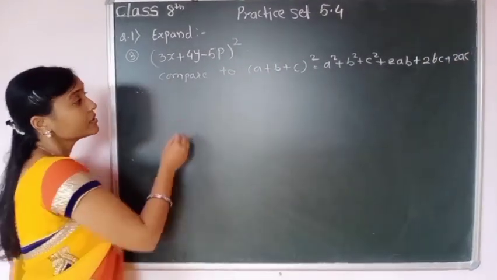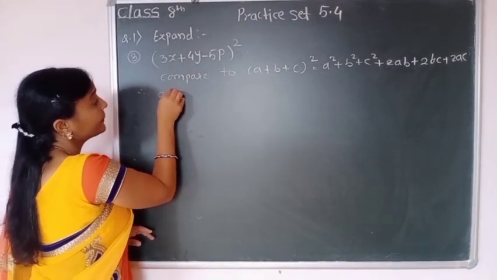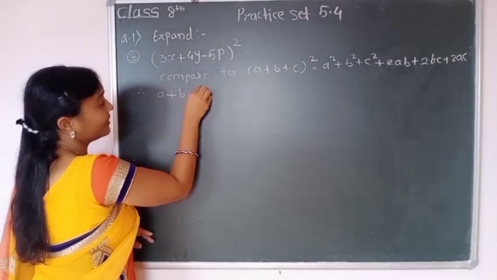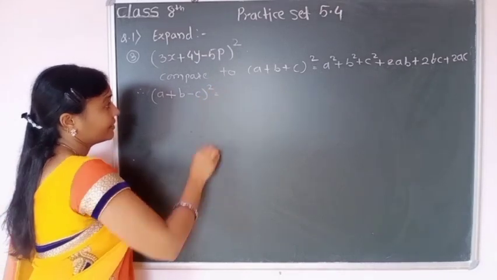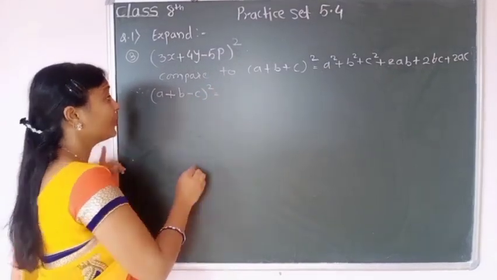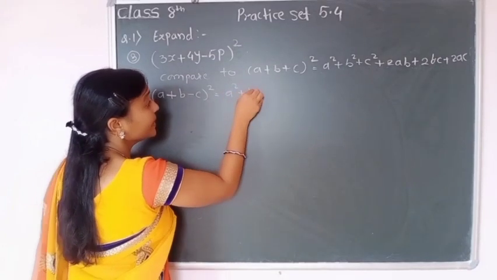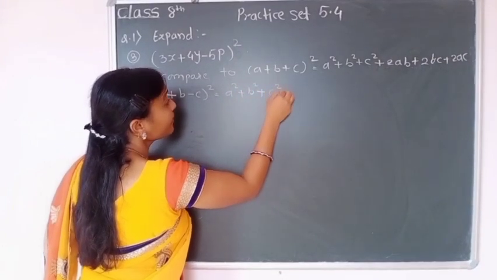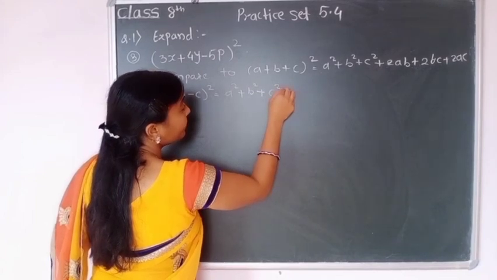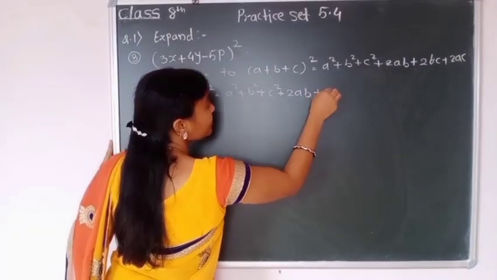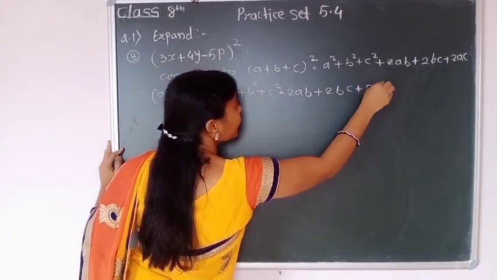So we use this formula also for A plus B minus C. So I teach this formula. How to prepare this formula? A square plus B square plus C square plus twice AB plus twice BC plus twice AC.